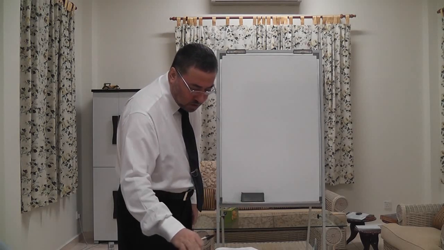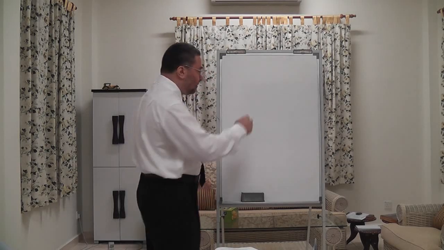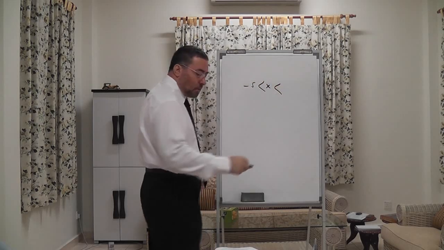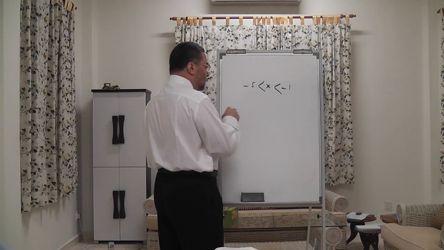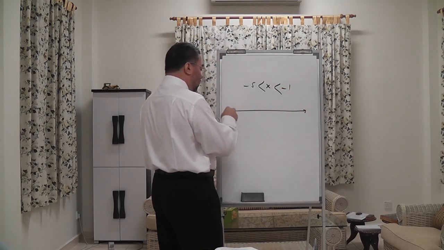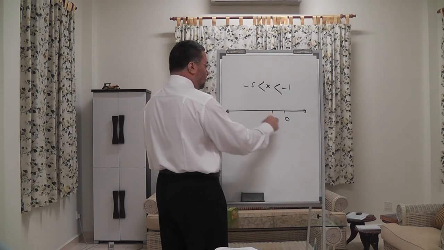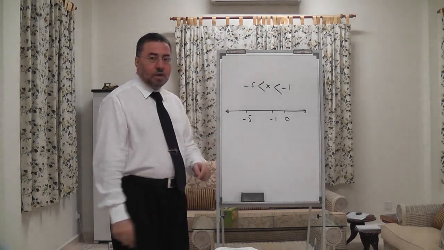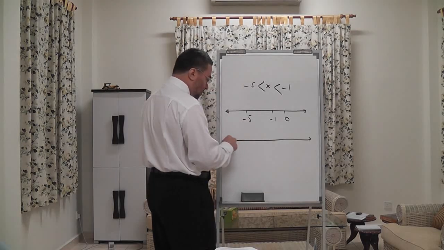Next is number 20, minus 5 less than x less than minus 1. This actually is a final solution because you can plot it right away. A mistake made sometimes by some students is to do this following.